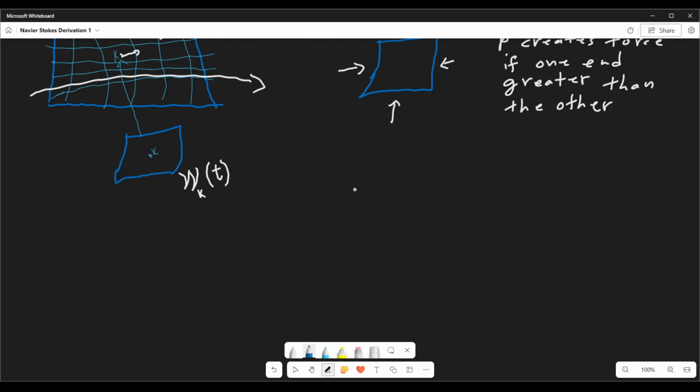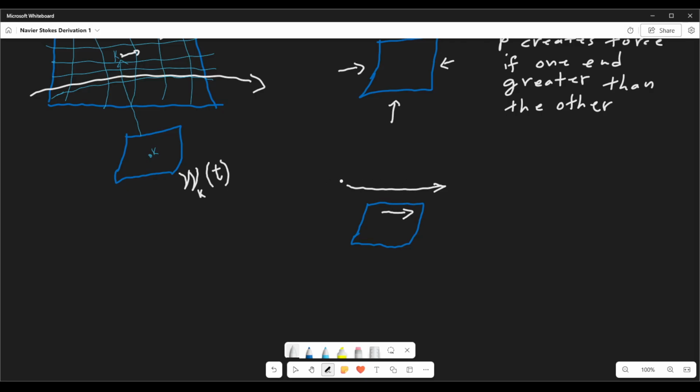So here's a fluid again. The blob's doing whatever it's doing. But the fluid might be flowing faster along the top than it is along the bottom. So viscosity essentially is an attraction force between fluid.